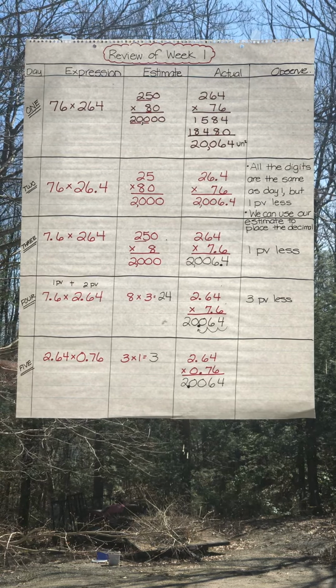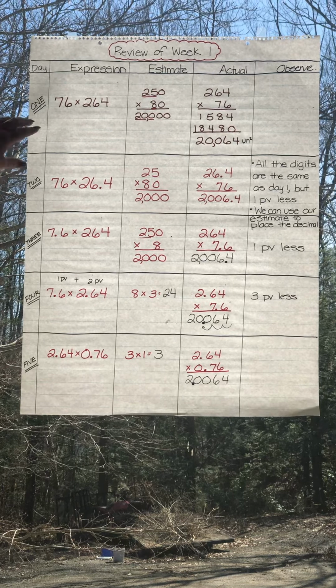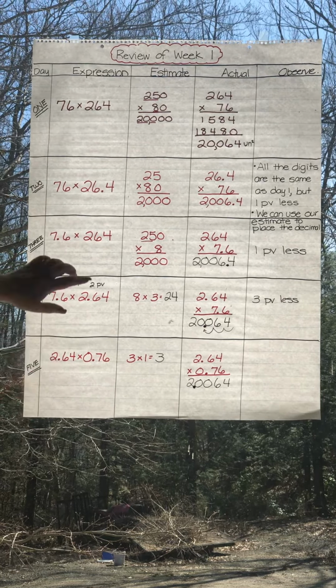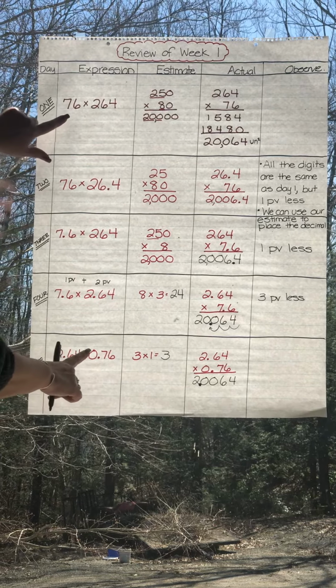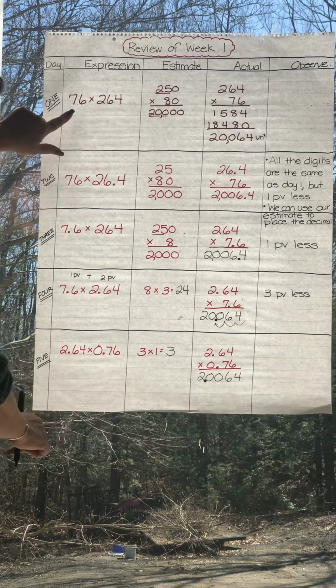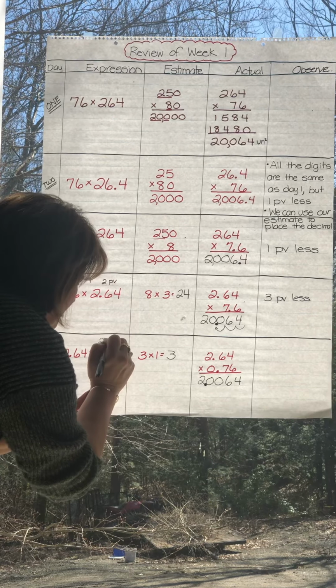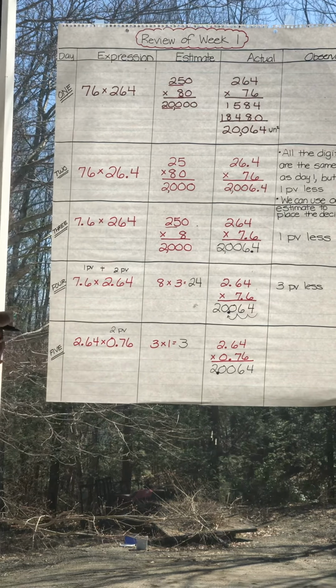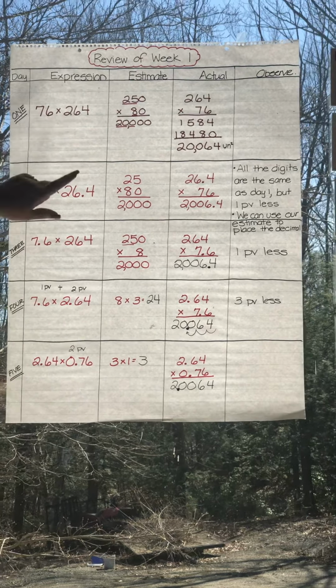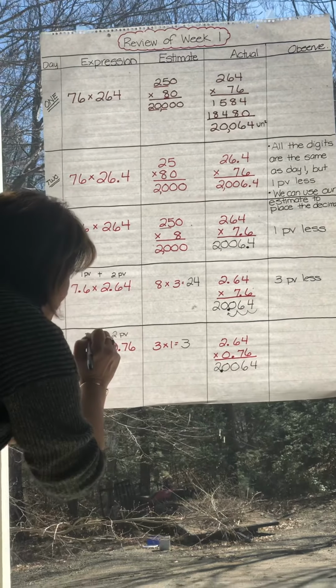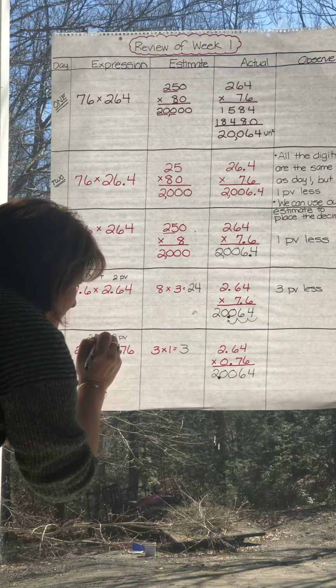But if we want to adjust by place values, how different is this from this? Well, let's start with the 76. 0 and 76/100 is 2 place values less. And if we look at 264 and 2 and 64/100, that's 2 more place values less.